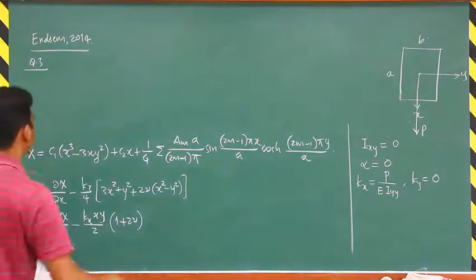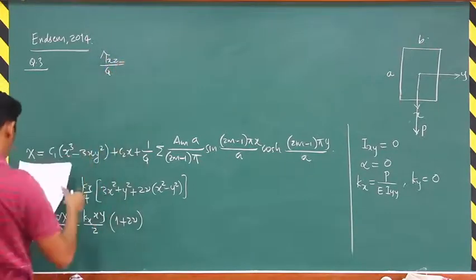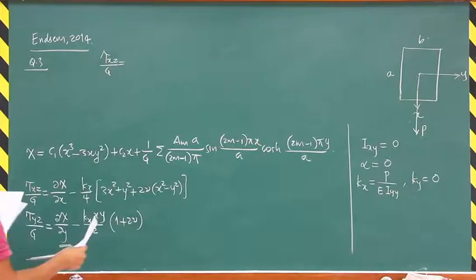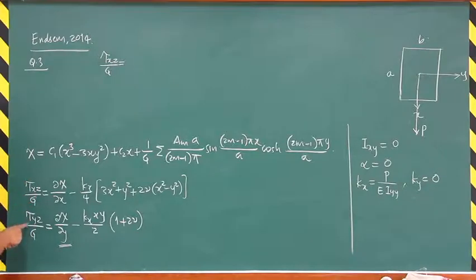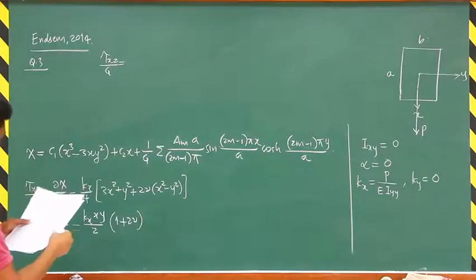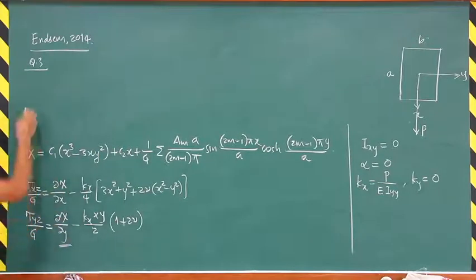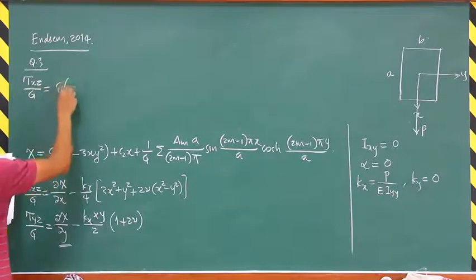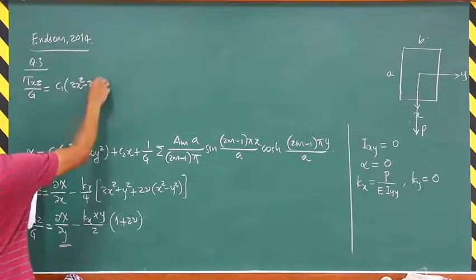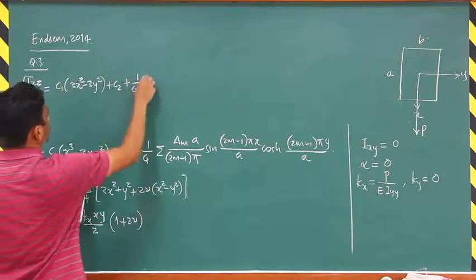So let's find first tau xz upon G. I'll write these expressions directly. Now we have to make use of this chi function in these particular relations to find explicit expressions for tau xz and tau yz. So tau xz upon G is given by c1 (3x square minus 3y square) plus c2 plus 1 over G summation.